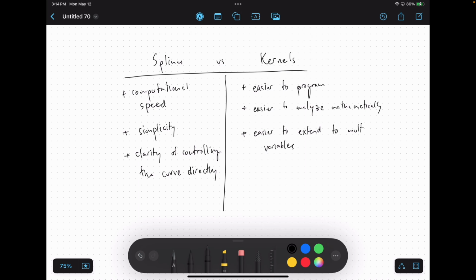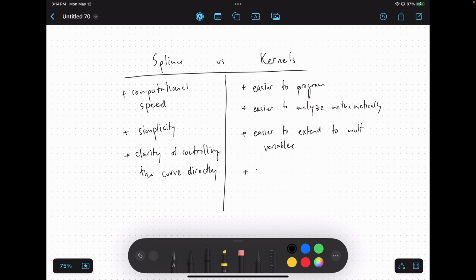There's a very mathematically rigorous way of figuring out what the next point is, through your box or Gaussian kernel or whatever. So it's actually quite a bit easier to think about kernels in multiple dimensions than splines.